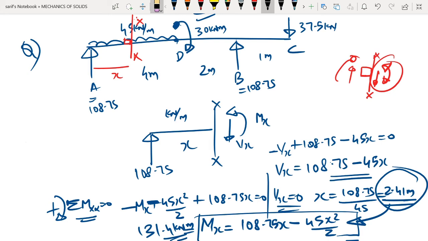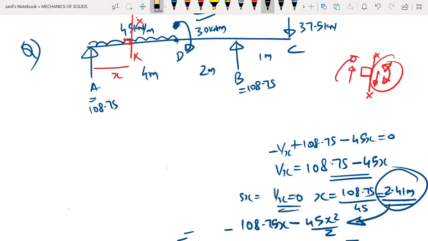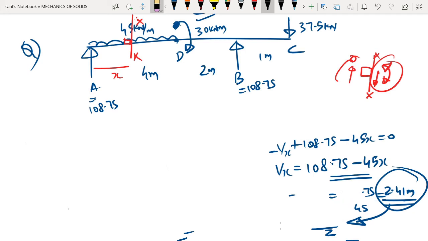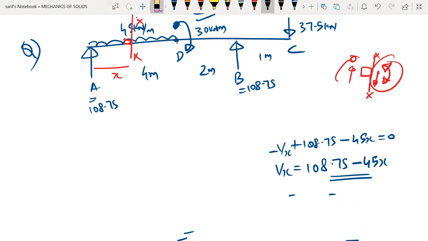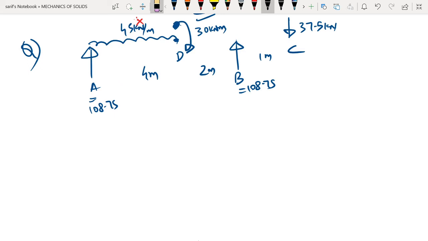Now, having found out the shear force and bending moment in the region AD, let us try to find out the shear force and bending moment for the other regions. Now, the next region we will consider is DB.